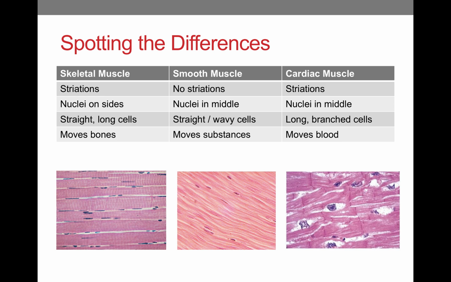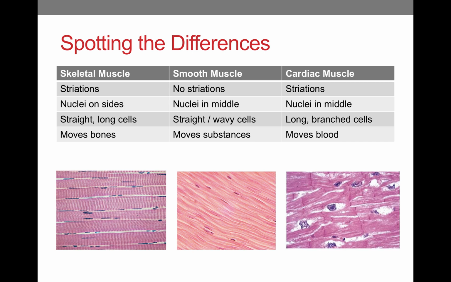Smooth and cardiac muscle both have the nuclei in the middle of the cells, whereas skeletal muscle has many nuclei on the sides of the cells. Skeletal muscle cells are long and straight, where smooth muscle cells are straight and long, but they have a little bit of a wave to them. And then cardiac muscle cells are also long, but they branch.